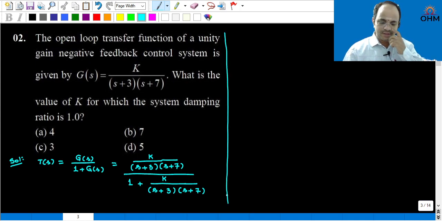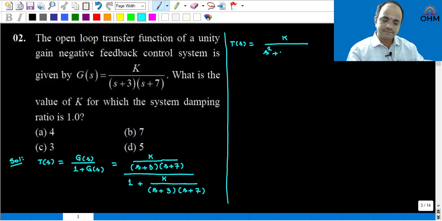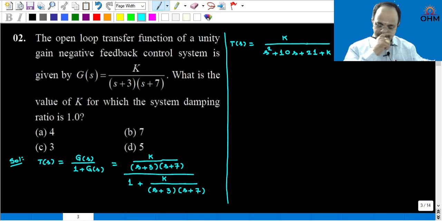By simplifying this, we will get closed loop transfer function equal to K divided by s square plus 10s plus 21 plus K. (s+3)(s+7) in both numerator as well as denominator will get cancelled, and we will have this transfer function.